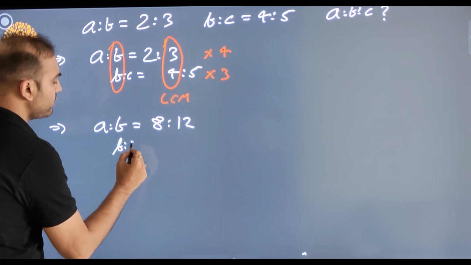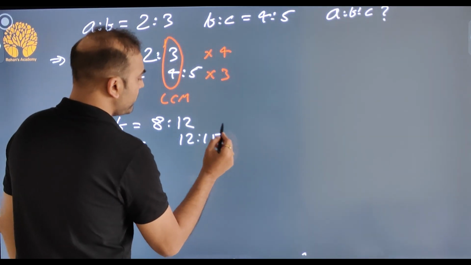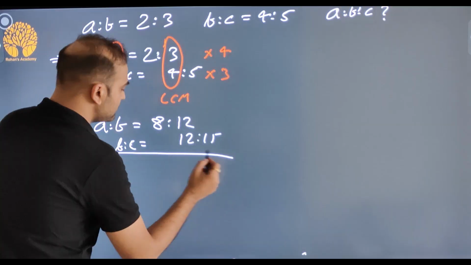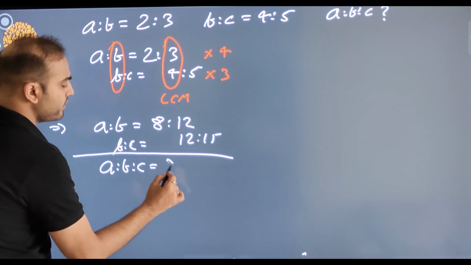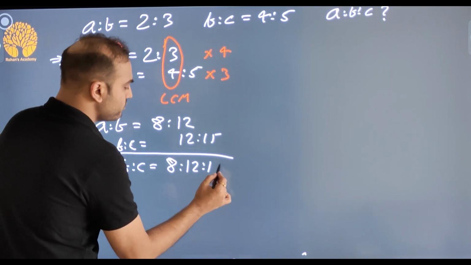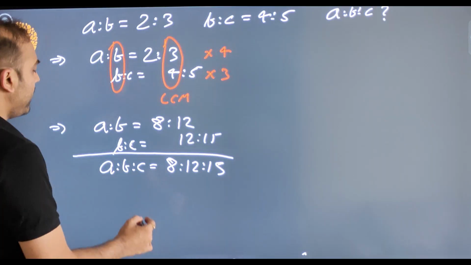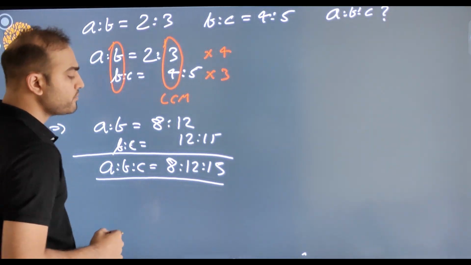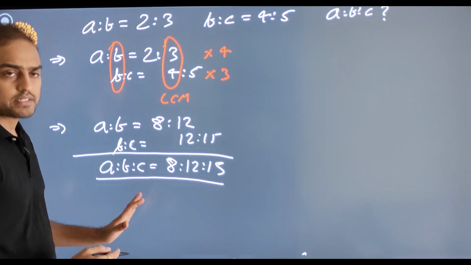We get B is to C is 12 is to 15. Now, since B is common, the 12 and 12 combine into 1, B and B combine into 1. I get A is to B is to C is 8 is to 12 is to 15. I hope you understand this.